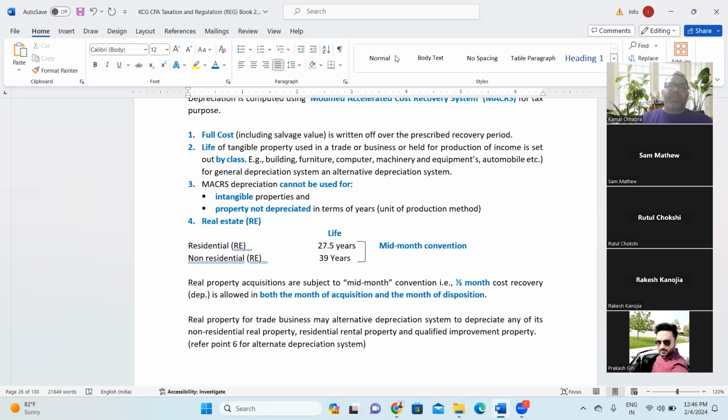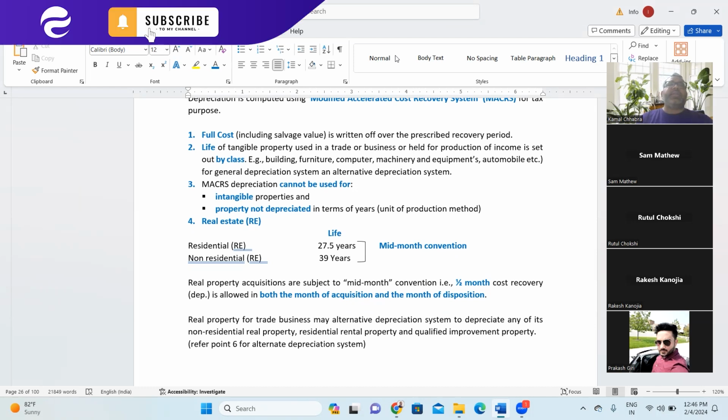Then after that we started real estate, or I would say real property, right? In real estate, there are two types of property: residential property and business property, or I would say non-residential property. Non-residential property includes dams, roads, bridges, buildings, construction sites, right? So everything which is other than residential purposes.